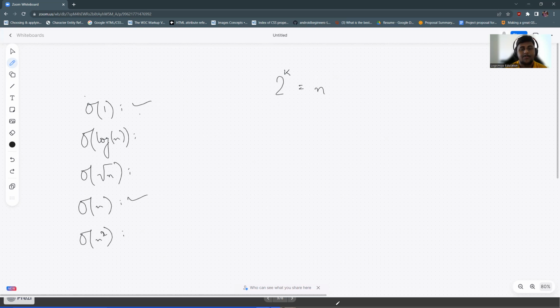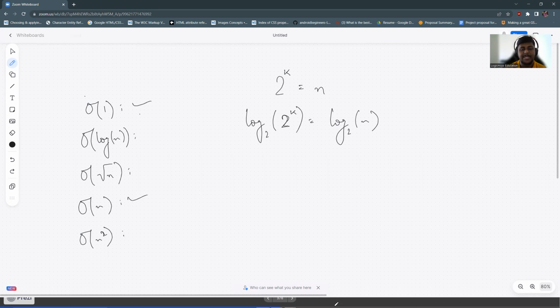One of the most common logarithmic algorithms is that you simply take log of both sides: log 2 to the power k is equal to log n, and the base is common. I did 2 for a purpose, because the number that I'm dealing with here is 2.